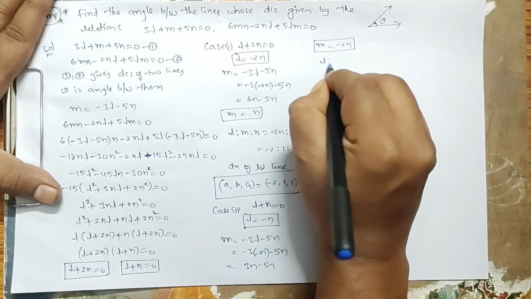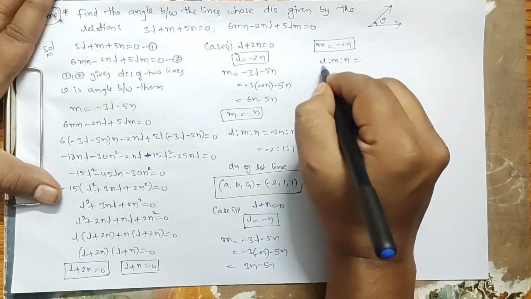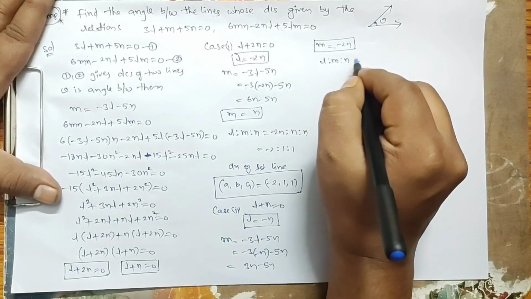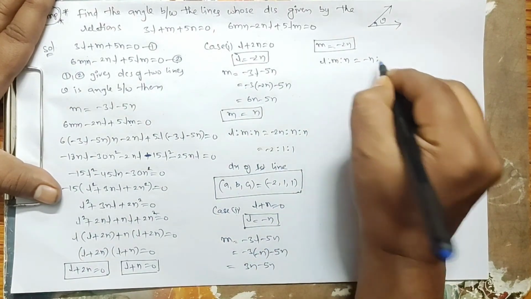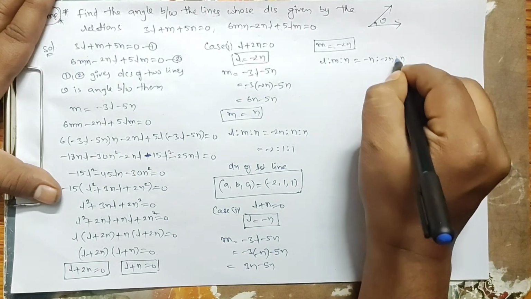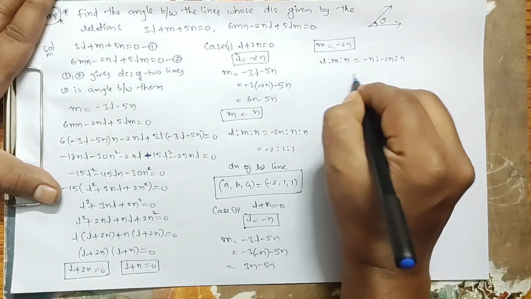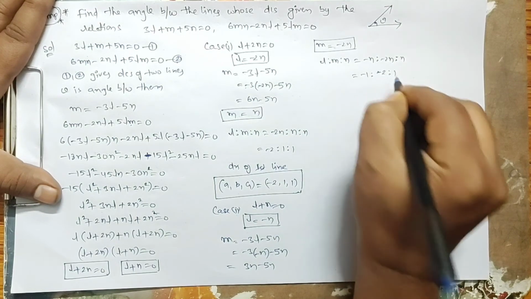Take l is to m is to n, expressed in terms of n. So l is equal to -n, is to m is equal to -2n, is to n. If we divide with n, we get -1 is to -2 is to 1.